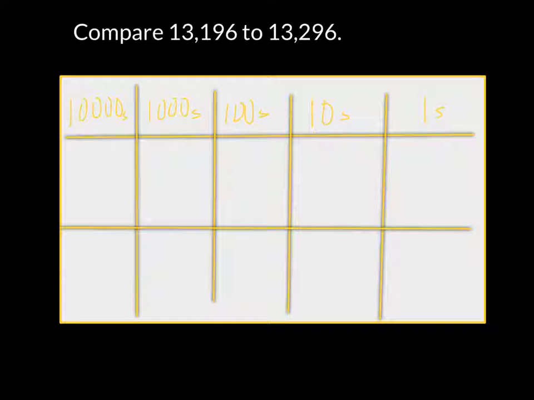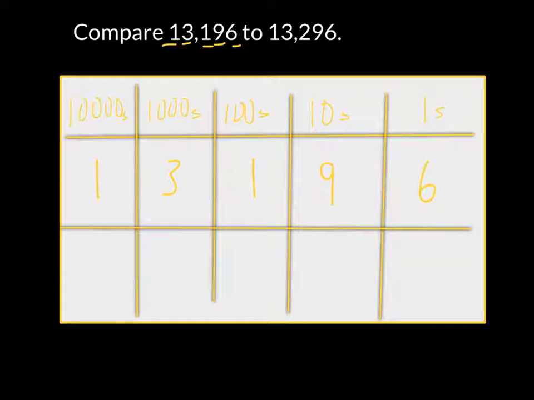And when I look at the numbers, I see that 13,000, the highest number, is in the 10 thousandths place. I've got a 1 in the 10 thousandths, a 3 in the 1 thousandths, a 1 in the hundreds place, a 9 in the tens place, and a 6 in the ones place.